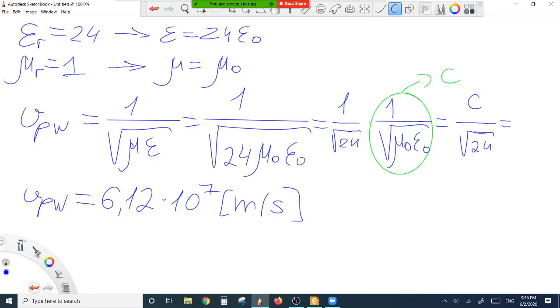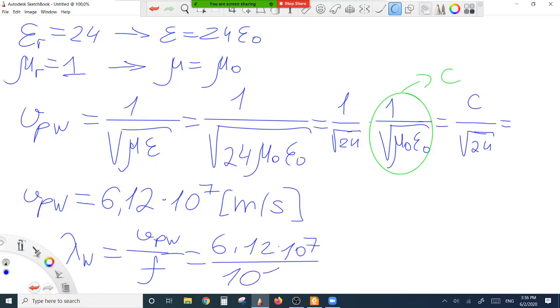And what is the wavelength? Wavelength in the water is velocity in the water divided by frequency, and is equal to 6.12 times 10 to the 7 over 10 to the 10, and will be equal to 0.00612 meters or 6.12 millimeters.